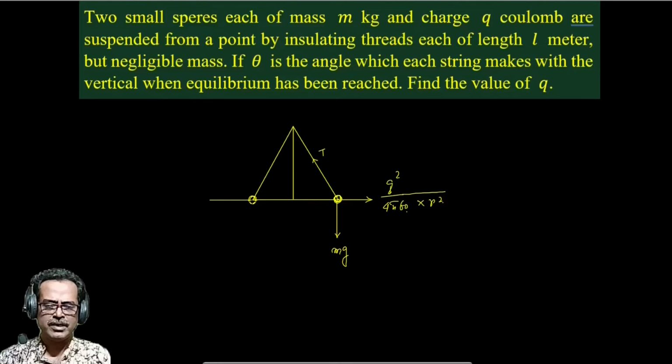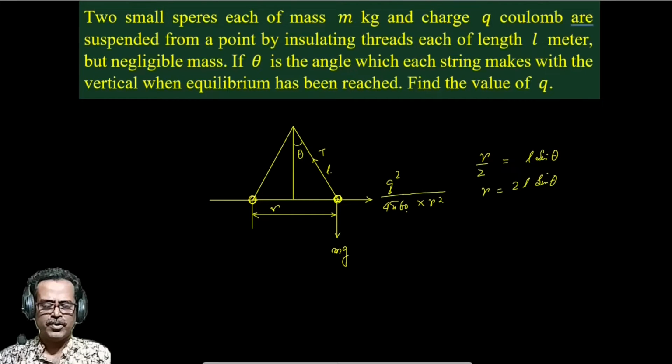That is the separation between these two, there is r, and it is given that this angle is theta and the length of the string is L. So we can say that r by 2 is equal to L sin theta, from geometry we can write it. So r is equal to twice L sin theta.